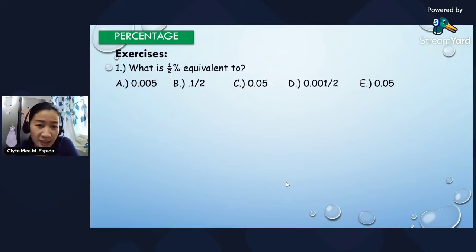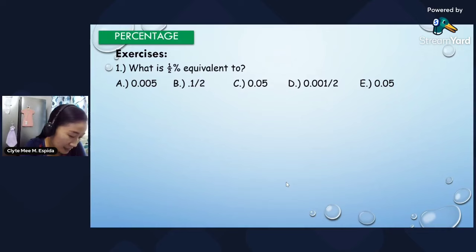Bakit hindi mo sinali si C, ma'am? Parehas po yung C at saka, ay, E pala, E. Okay, so C at saka D. C and D. Bakit di nyo sinali si E? Parehas si C at saka si E. Okay?